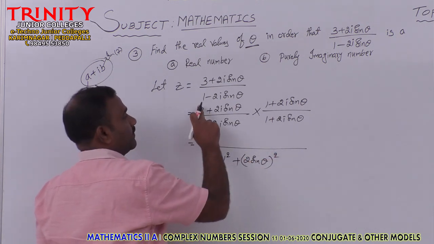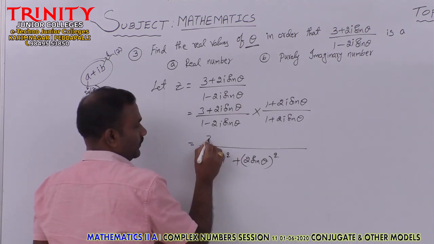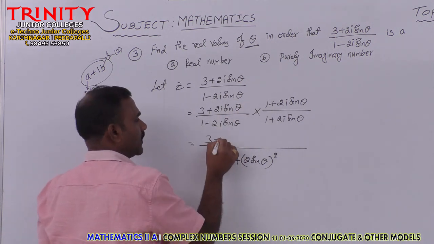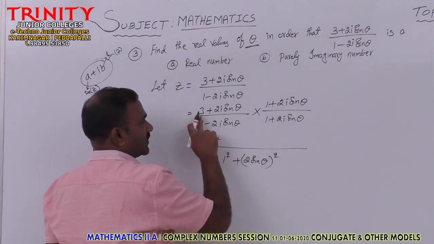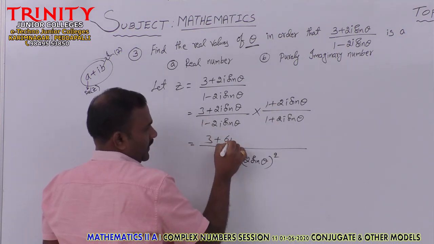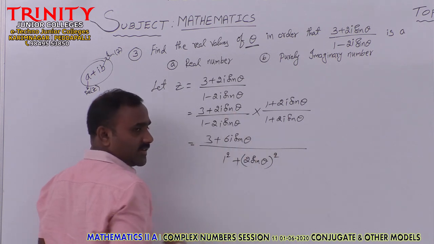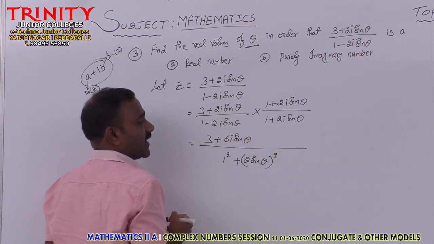Coming to the numerator: 3 into 1 is 3, plus 3 into 2i sin theta, 3 twos are 6, 6i sin theta.